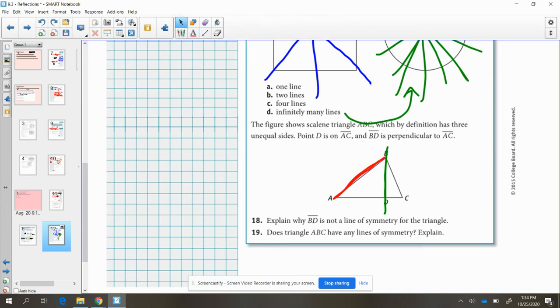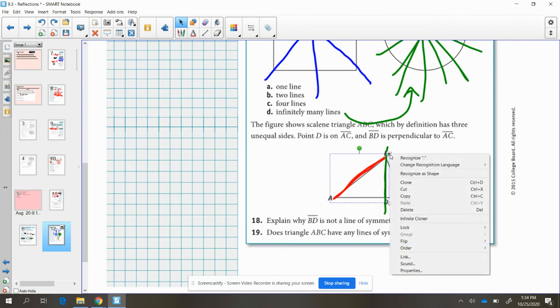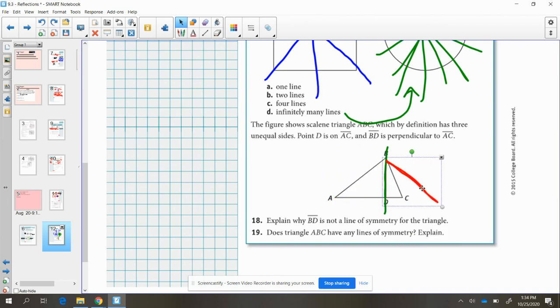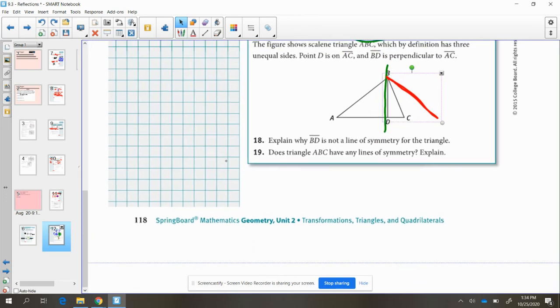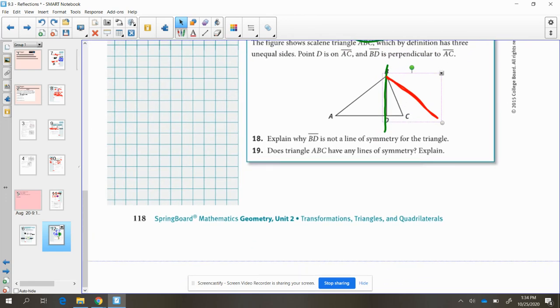If we tried to flip this over the line of symmetry, notice it's not going to map itself onto BC. So that's why in number 18, this is not going to work out, because when we try to map over that line of symmetry, it does not reflect to be BC.